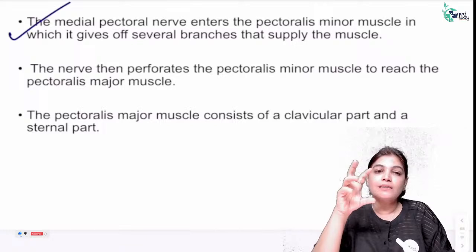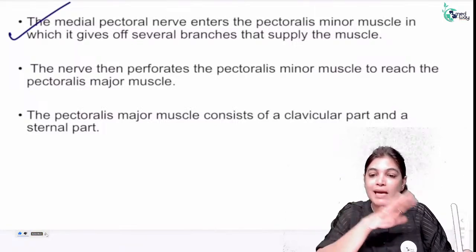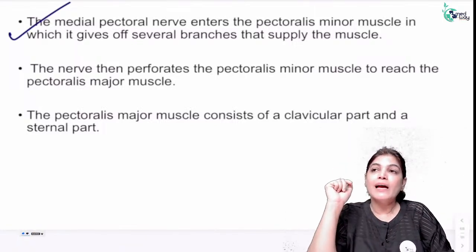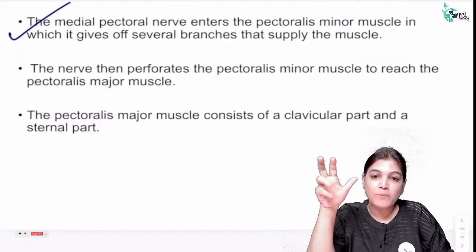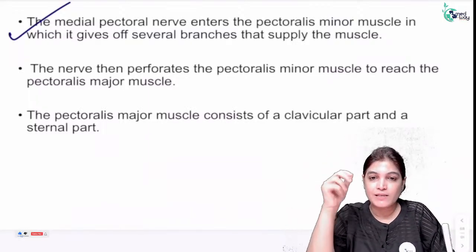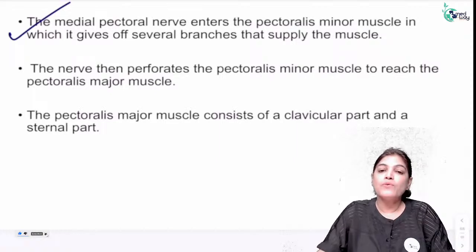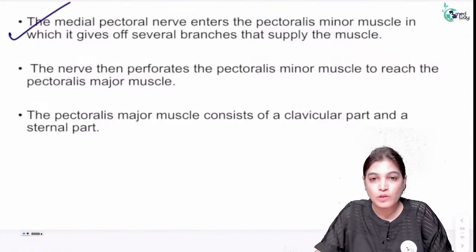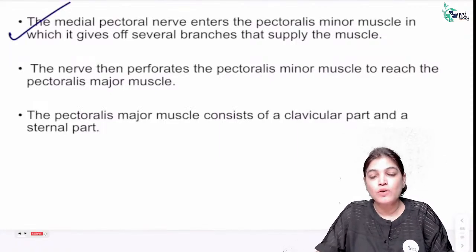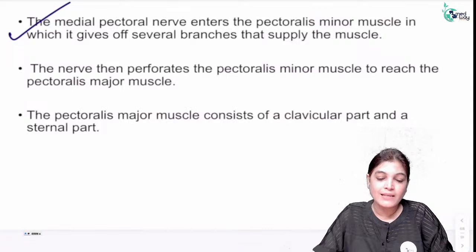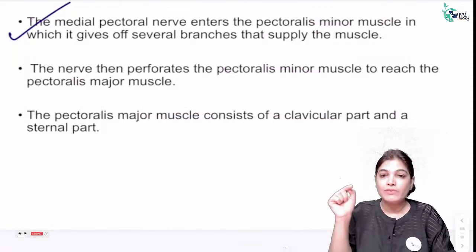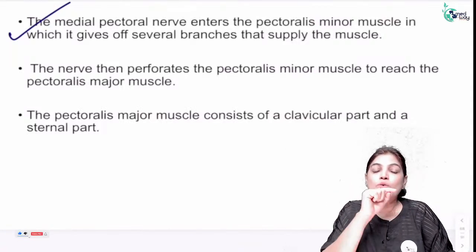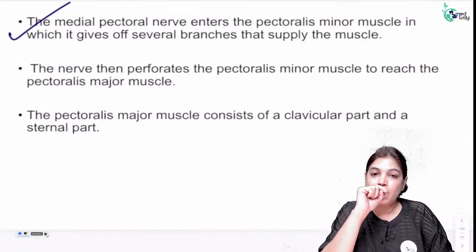This is very important. Take the same kind of example: in the dissection image of the coracobrachialis muscle, how are we going to identify the musculocutaneous nerve? The musculocutaneous nerve gives innervation to biceps brachii, brachialis and coracobrachialis, and it will be seen penetrating the coracobrachialis muscle.